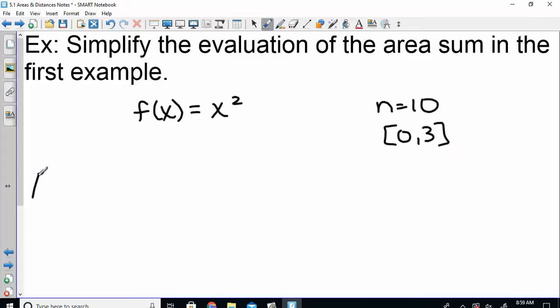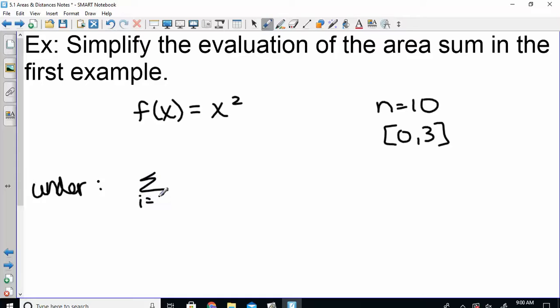Alright, so we are trying to find the area under this curve. So we have the over and under estimate. Let's do the under first. So we had to add up length times width.